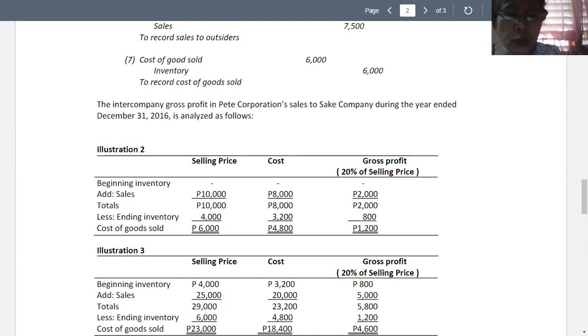Now, before we have the analysis of illustration number 3, let me give you the important data in the problem.